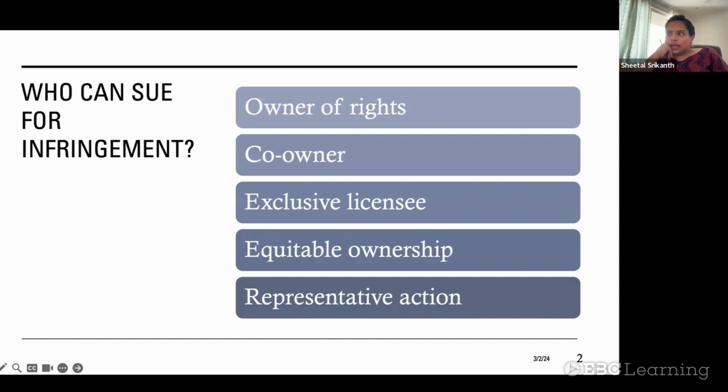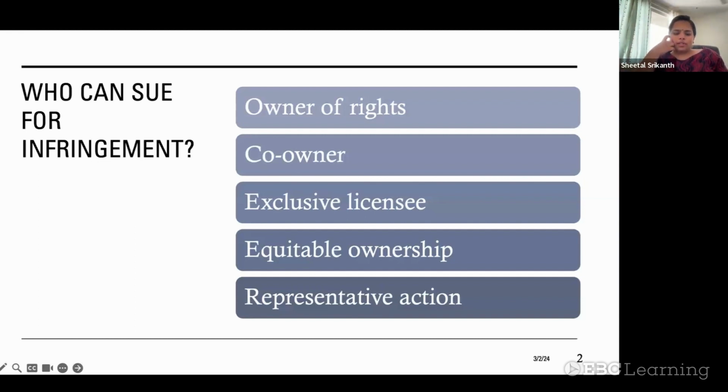Now, interestingly, unlike in real property, all bodies of intellectual property law, including the Copyright Act, Patents Act, and Trademarks Act, cover the aspect of a co-owner, meaning two people have undivided and inseparable interest in intellectual property. So this is a concept covered in various types of intellectual property laws.